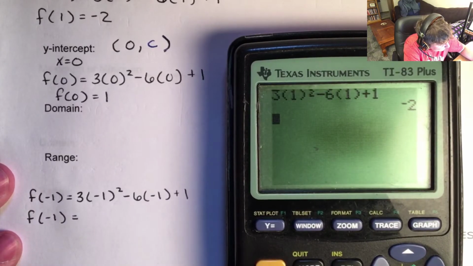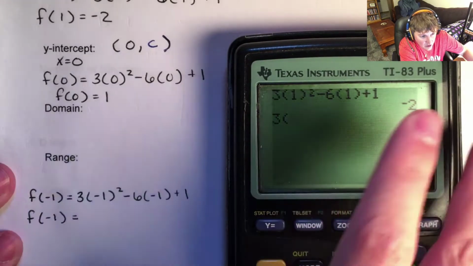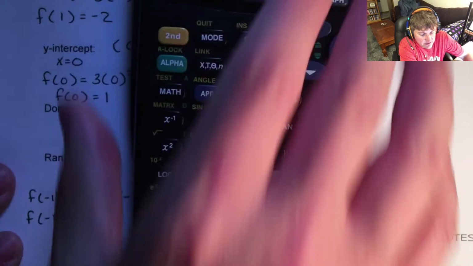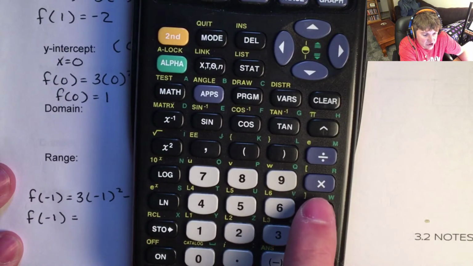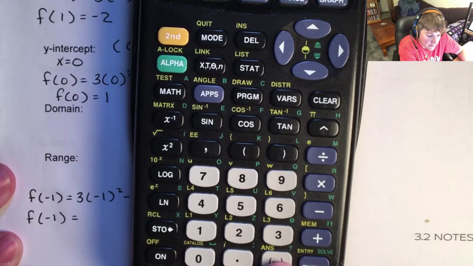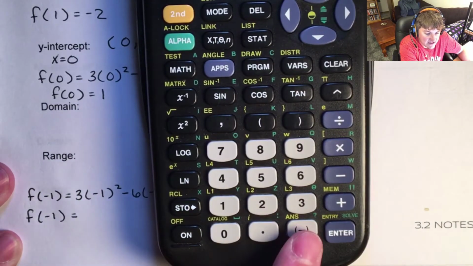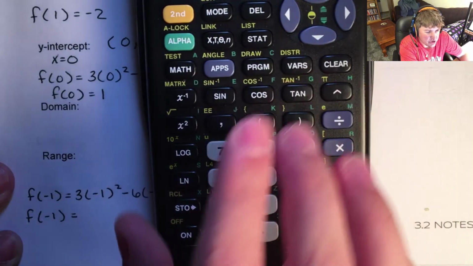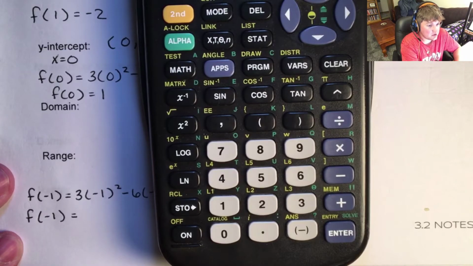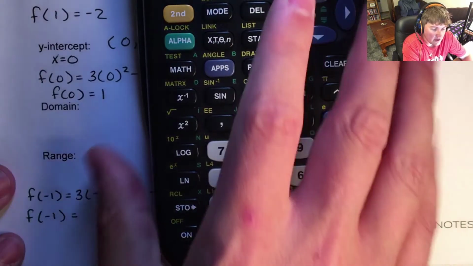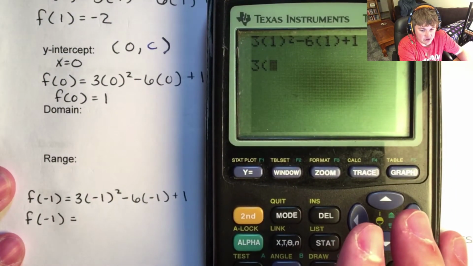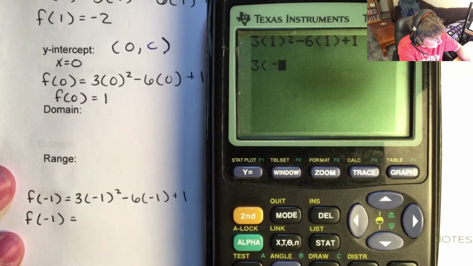So I'm going to have 3 times, and then negative 1. I believe I've talked about this before. This is subtraction right here, but this little button right here is actually the negative number. So you're going to have to differentiate when you're subtracting and when you have a negative number, which can cause a little bit of confusion, but it's not really bad. So here I'm going to go negative 1.